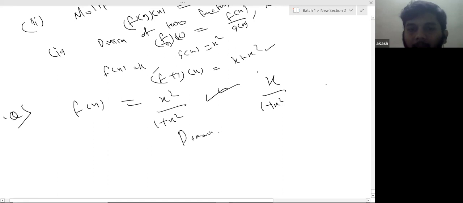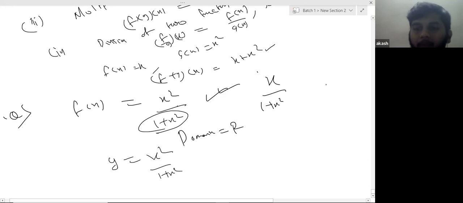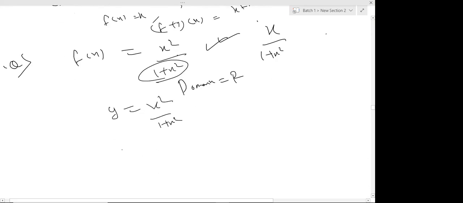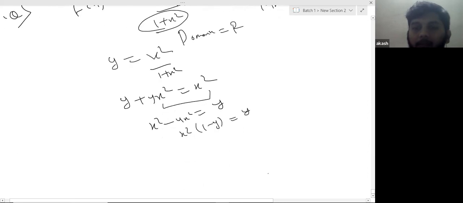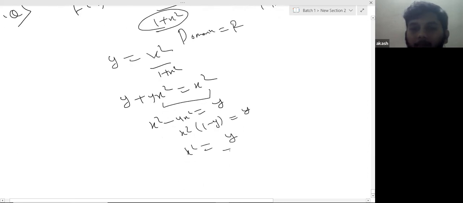Everyone? No doubts here. This cannot ever be 0. So domain is R. To find the range, y equals x square upon 1 plus x square. Multiply by the denominator. So y plus x square y equals x square. Take this to the other side. So x square minus y x square equals y. Take x square common, 1 minus y. So x square equals y upon 1 minus y. X equals under root y upon 1 minus y.